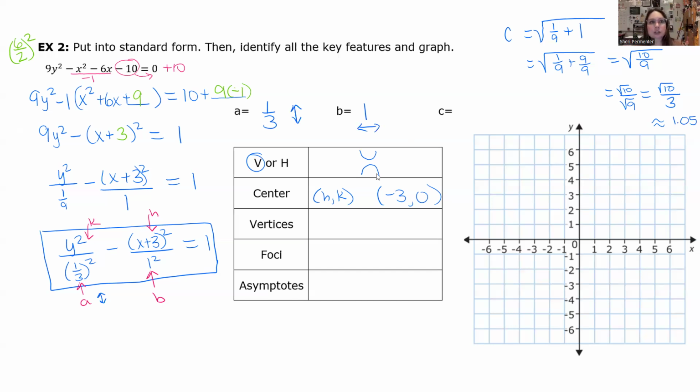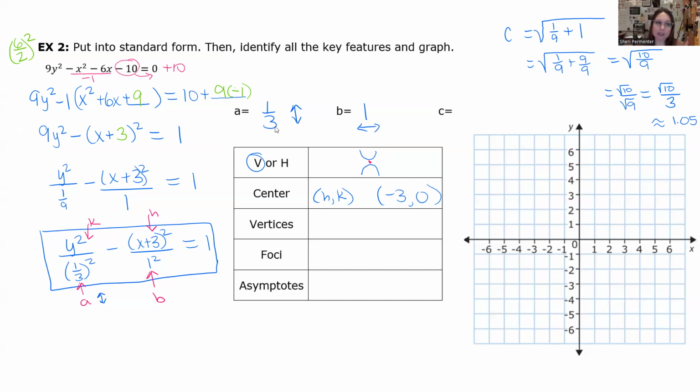So since I'm a vertical hyperbola, I'm going to have my center right in the middle. It was hard for me to get that in the middle. And then I'm adding and subtracting to get the vertices. From my center, I'm adding and subtracting vertically, so it adds and subtracts to the y. And this is what goes with the y value.